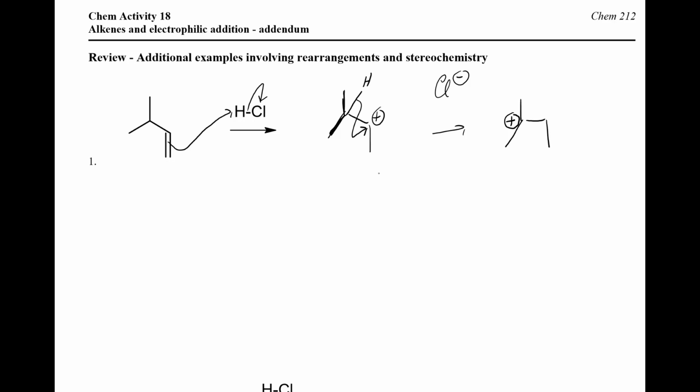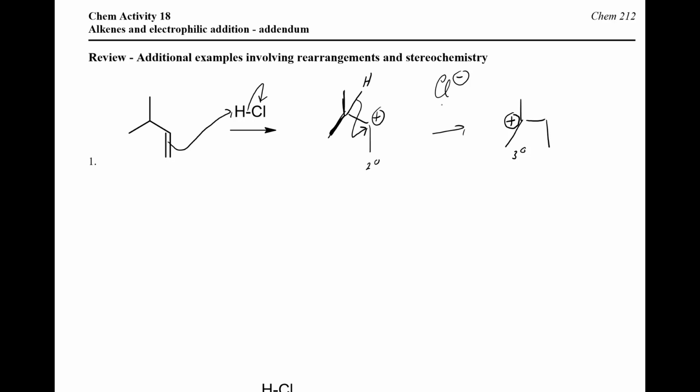There really isn't an intermediate that has only the secondary, or at least it would not exist for any substantial amount of time. But hopefully you can see why such a hydride shift will occur, because we have a secondary intermediate with the initial drawing, and then we move to a tertiary intermediate with the last drawing.